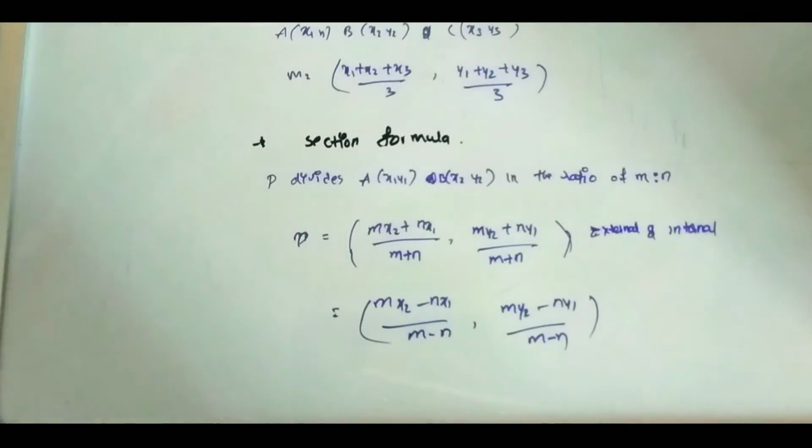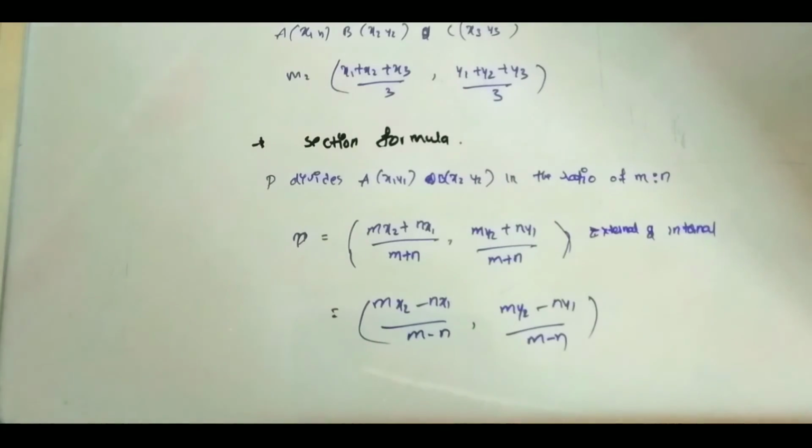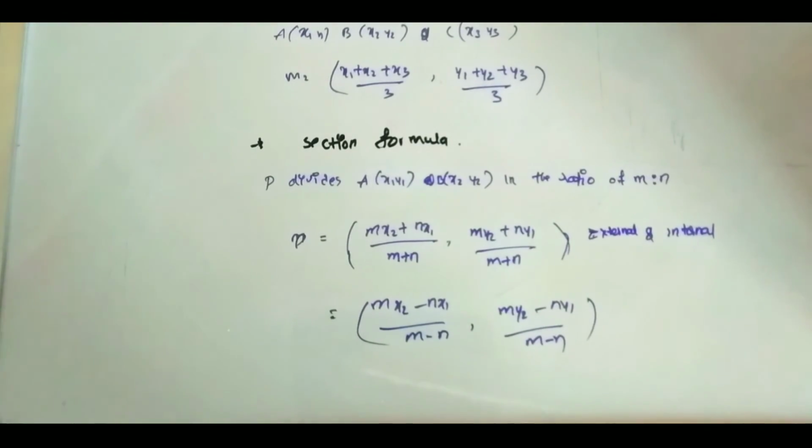This is the other one. So one is positive and the other is negative. So these are the most important formulas, okay.